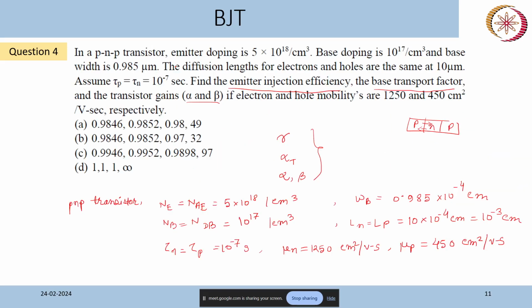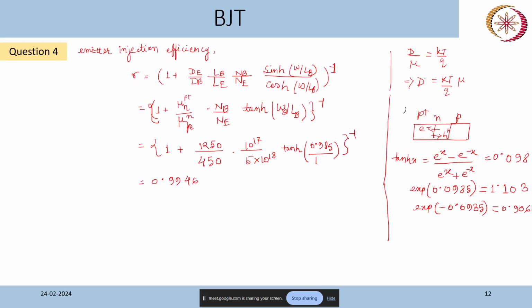Next term is the base transport factor, which is ICP by IEP.